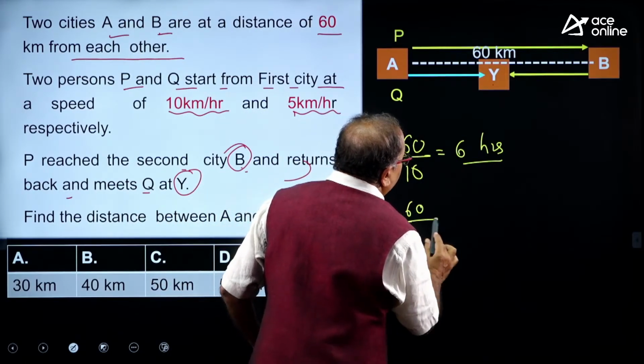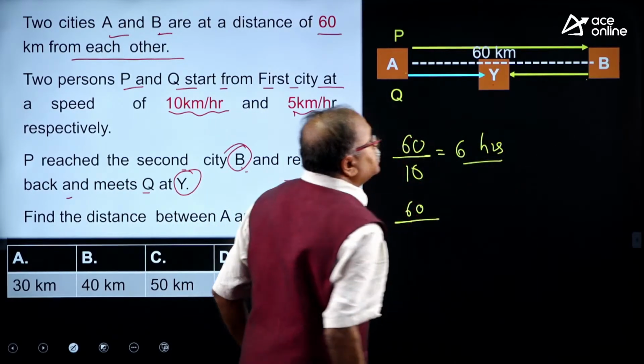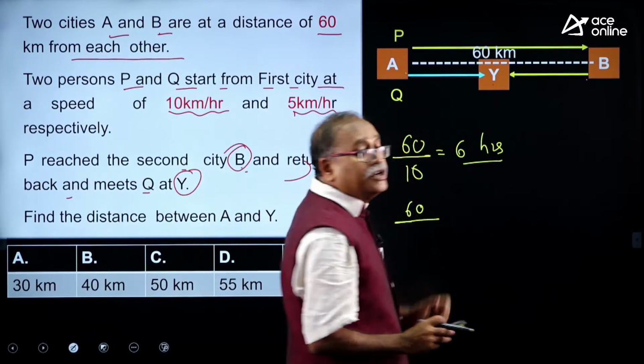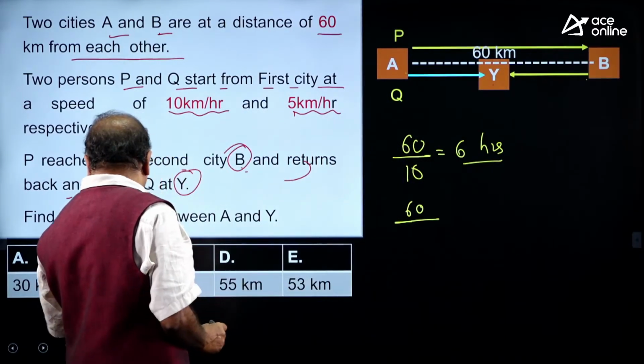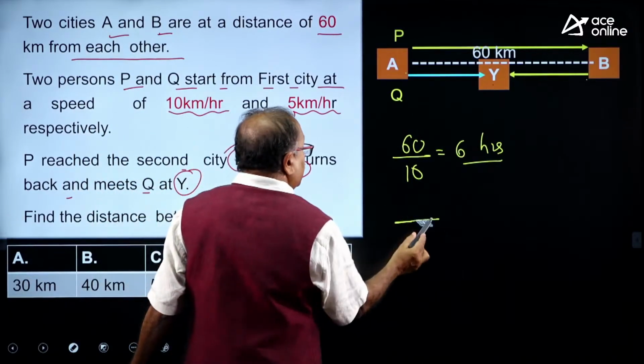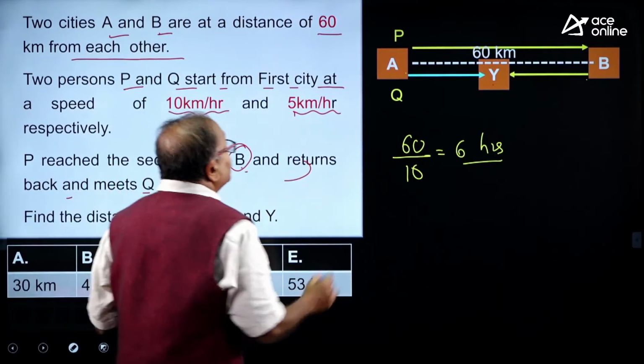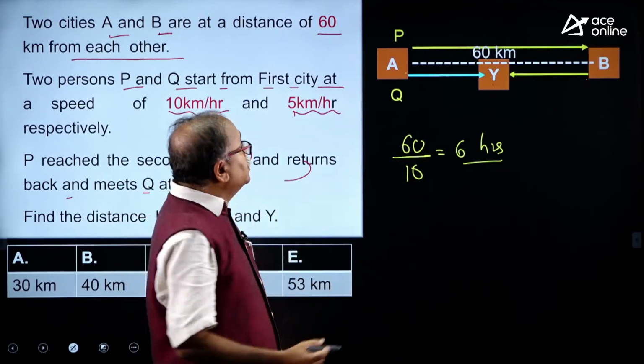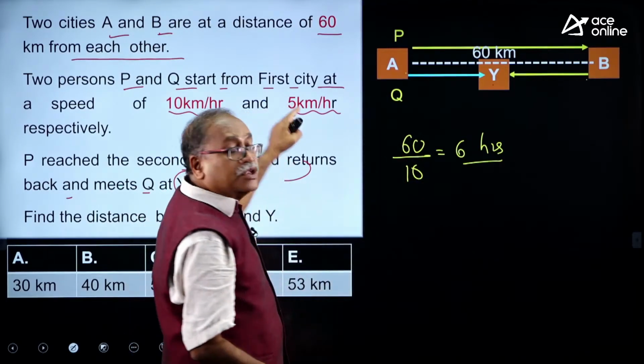And in this relative speed, the total distance is 60, from here to here it is 60, but at the same time in 6 hours A has already covered how much? In 6 hours, when P comes to B, A's speed is 5 km per hour.